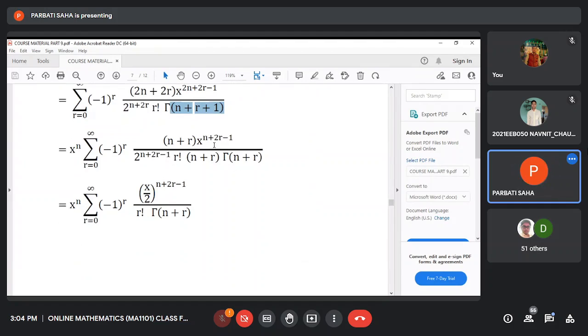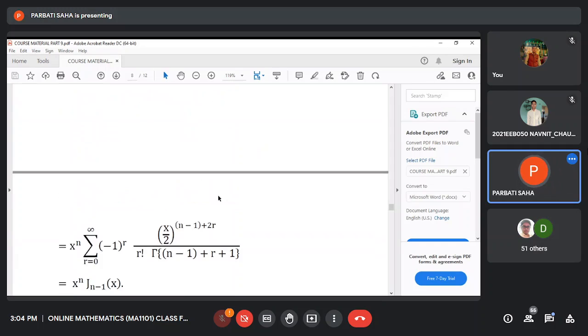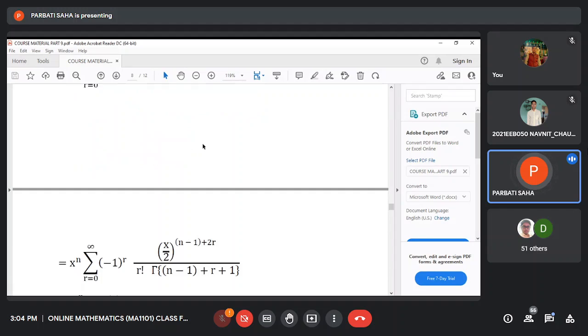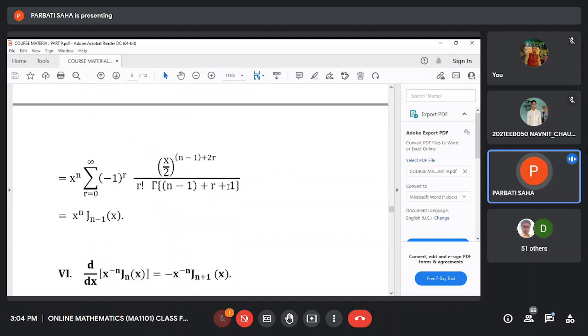Now it may be written as x by 2 whole to the power n plus 2r minus 1. You see x power this, 2 power this, same power. And this is actually gamma n plus r, and n plus r should be cancelled from numerator and denominator. And then finally we get this. We can write this as n minus 1 plus 2r. The denominator should be written as n minus 1 plus 1.